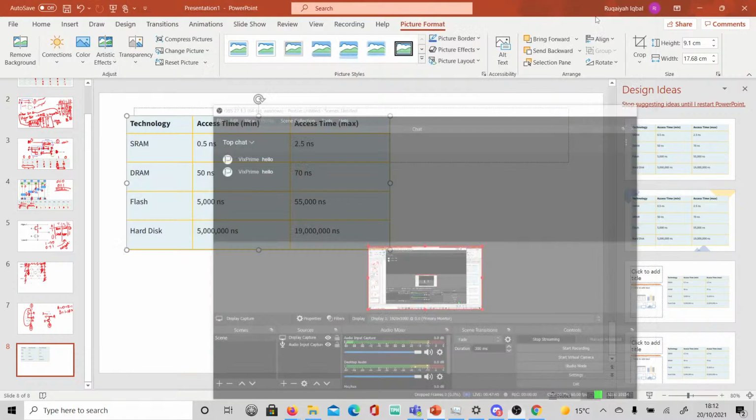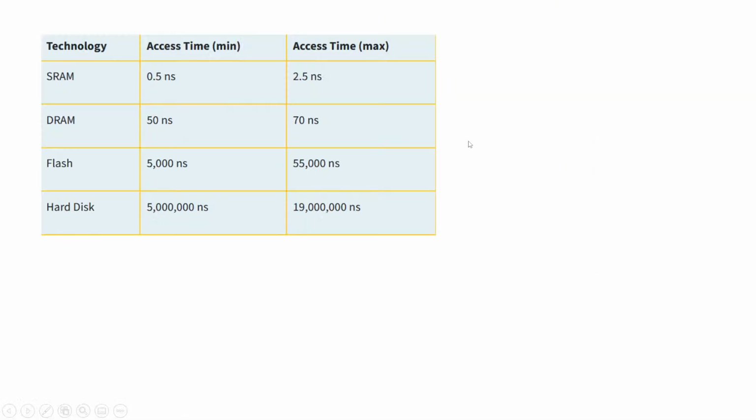Okay, access times. Okay, so let's see what the average time is. All we do is we add these two and divide it by how many there are.